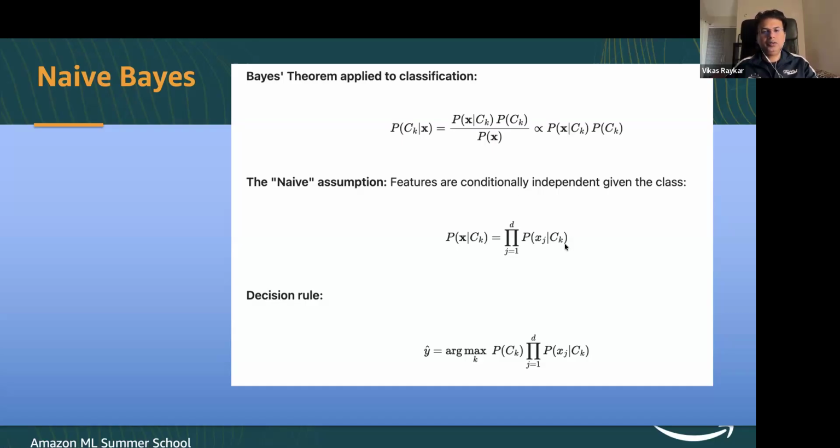If there are D features, you assume that all the features are independent for a particular given class. Hence, you can factorize it as the product of individual terms, P of xj given ck. So now the decision rule is that your class is the one which maximizes P of ck into this term.